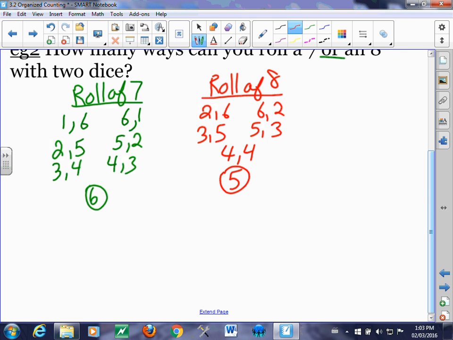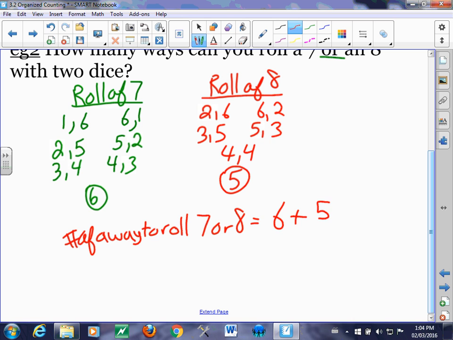So the number of ways to roll a 7 or 8 equals 6 plus 5, which equals 11. Notice how we added here, because of an "or." This is one option or the other.